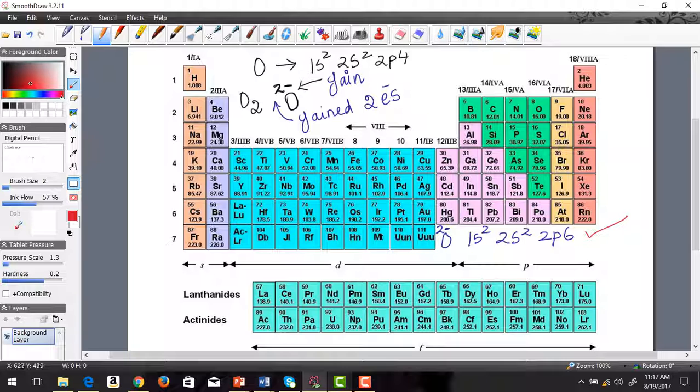I have students write, let me get maybe a black so I can write it and then say which one is incorrect. O2 minus, I have students write 1s2, 2s4, 2p4. Now, for anyone that has done any electron configuration practice, you would probably agree with me, s can only hold 2, so how do you even add 4 in the first place?